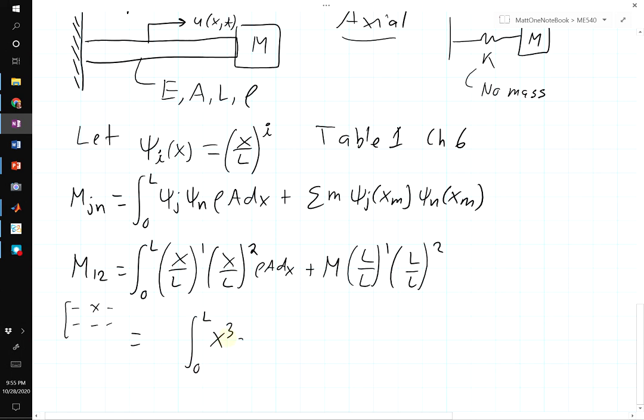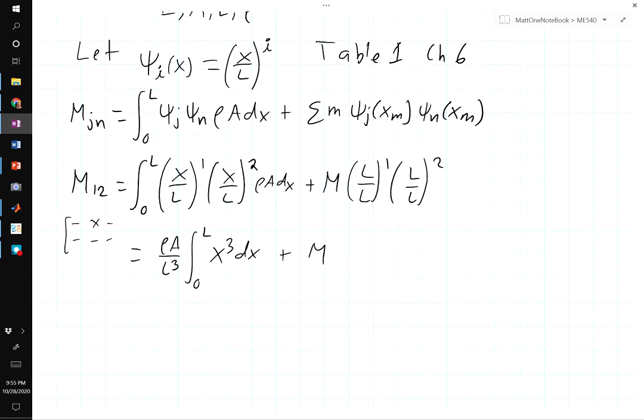So we'd have x cubed dx times rho a over L cubed. And here we just get m. Now if we evaluate that integral, rho a over L cubed times x to the 4th over 4, evaluated from 0 to L, plus m.